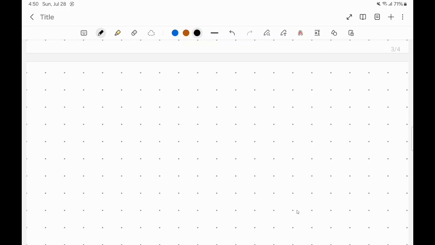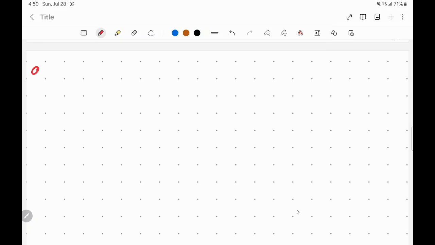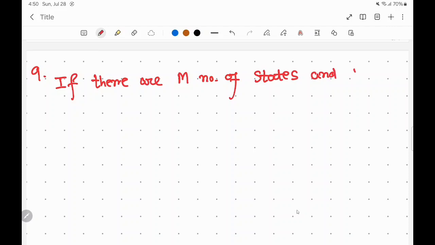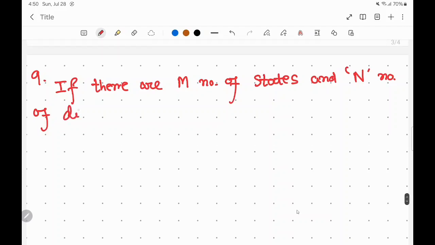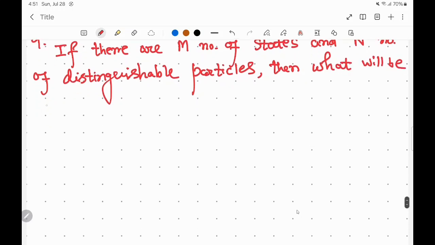Now, next question. Question number 9: if there are m number of states and n number of distinguishable particles, then what will be the number of microstates?